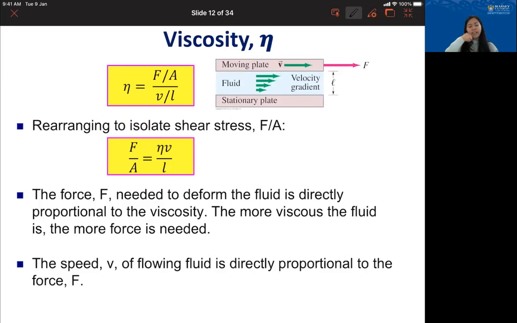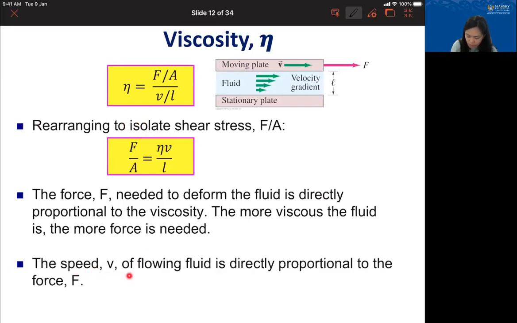You have to exert this force, and the thicker the sauce is, the more you need to squeeze, so that you overcome the viscosity or thickness of the tomato sauce, and it will flow. So the force you need to apply is directly proportional to the viscosity of the fluid.